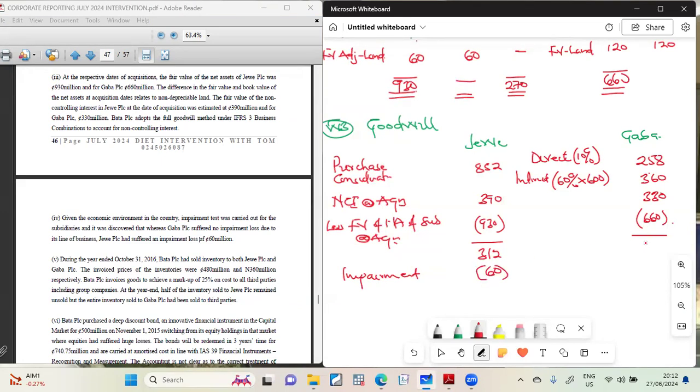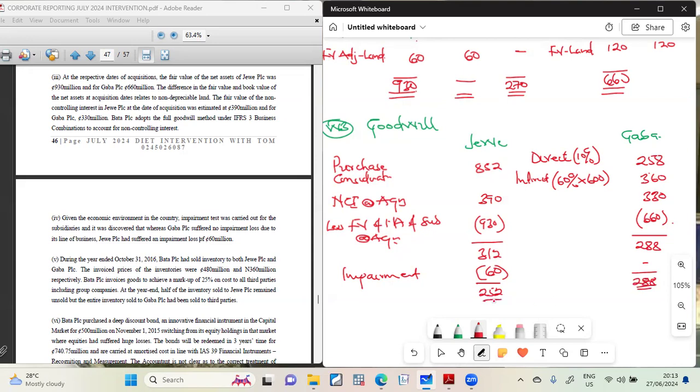What is the figure here? 258 plus 360 plus 330 minus 660. That is 288. And there is no impairment. So if we do our deduction, minus 60 is 252, right? And here is 288.